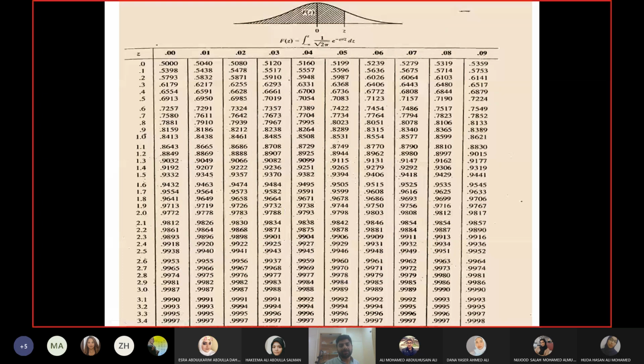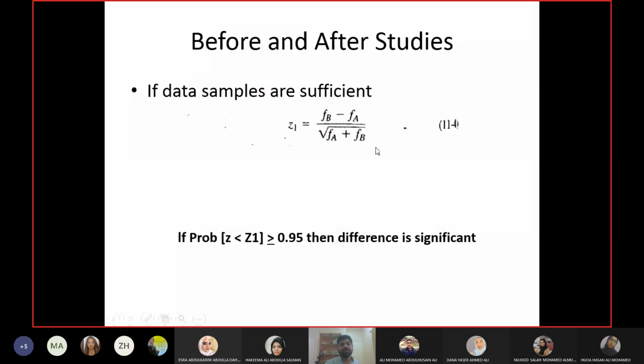So if for your z value the probability is 95% or more, you will say you have achieved a significant difference by your countermeasure. The crash rate before is significantly lower than the crash rate after. Okay, this is how you do it. I think I said it the reverse. The crash rate after is significantly lower than the crash rate before.